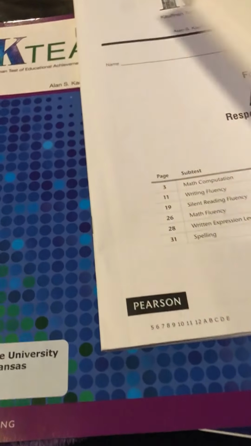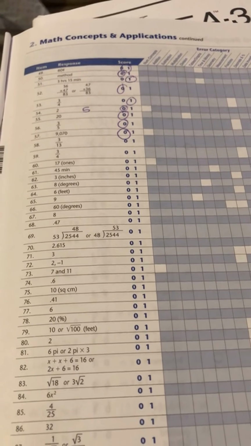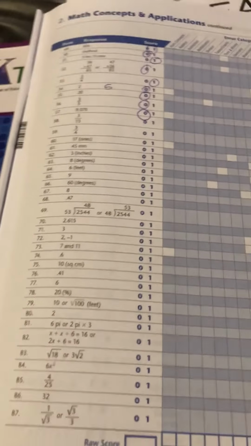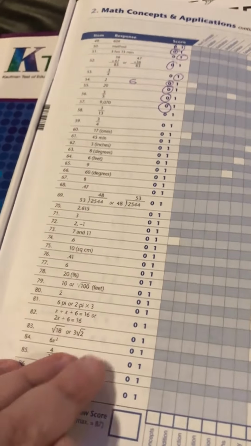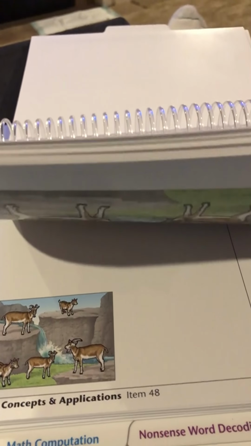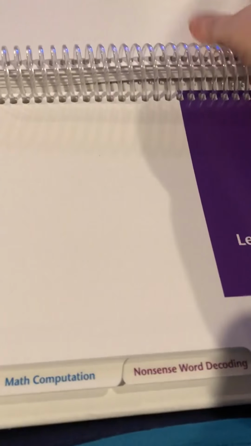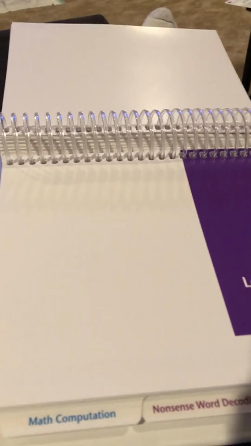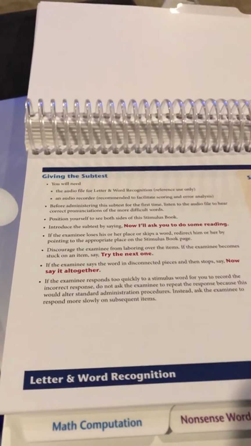He finished all of these and made it over to the 2nd page. This is why it took longer to administer, because he was just so good at math. Okay? And you see the math is a pretty beefy section here, but it's just depending on how much they pass. The next section is letter and word recognition.